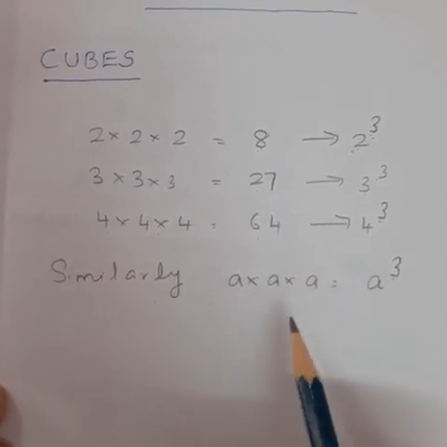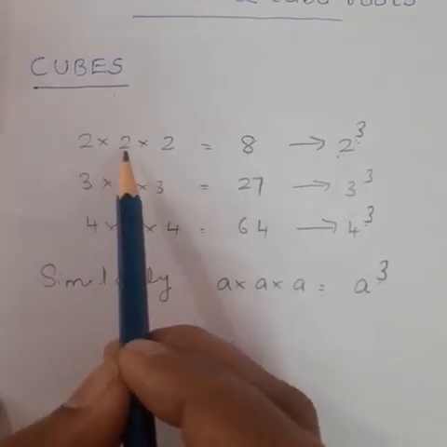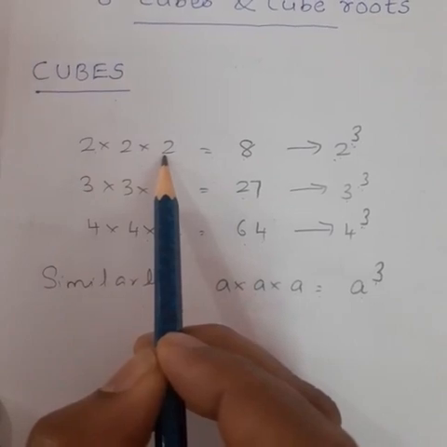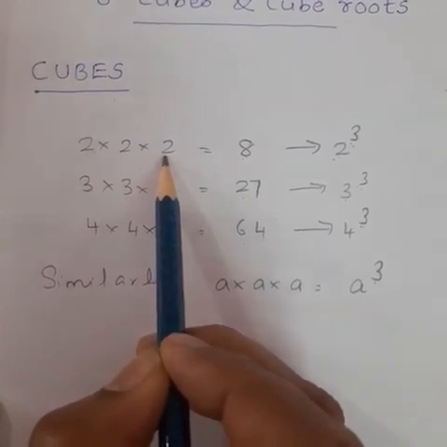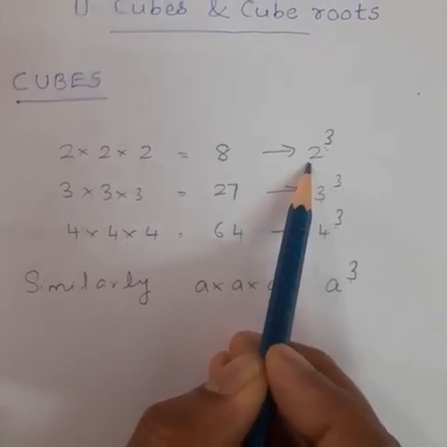So we conclude that the cube of a number is the product of a number multiplied by itself 3 times and is read as the number raised to the power 3.